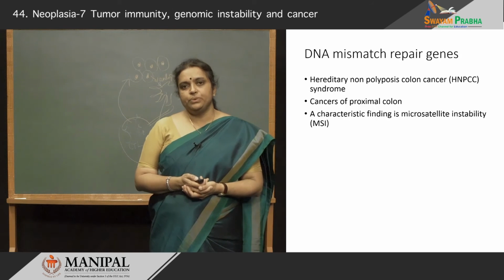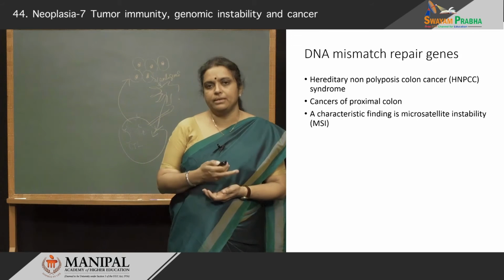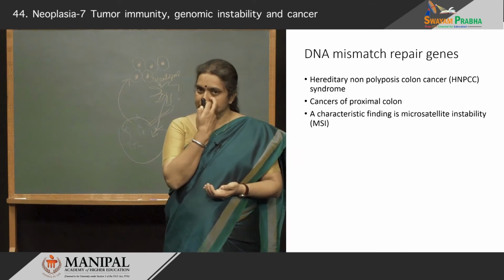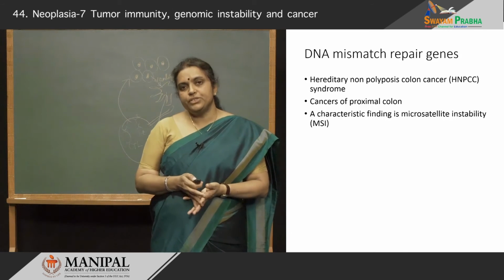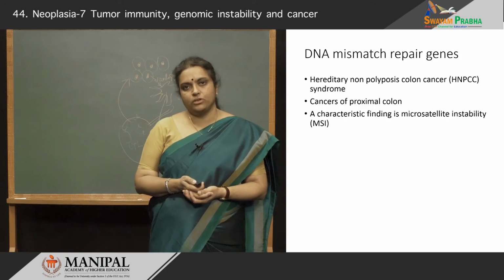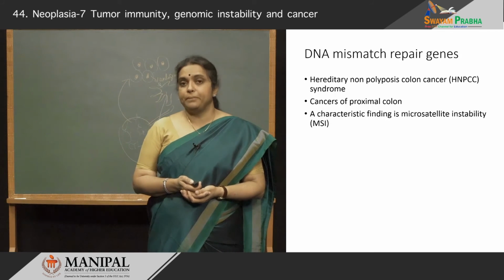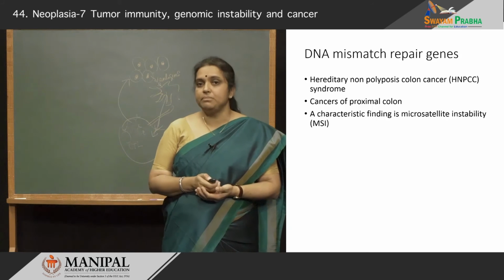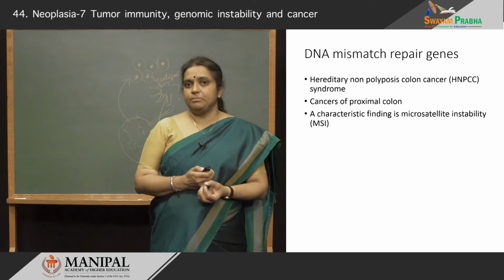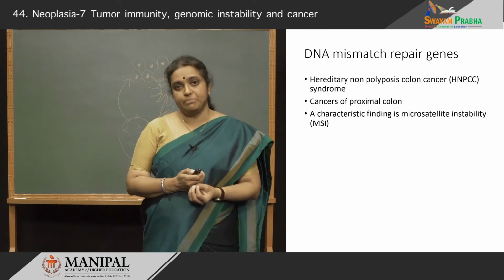There are individuals who develop certain kinds of colonic cancers on the right side of the colon, cancers of the cecum and proximal colon, and these individuals have the syndrome known as hereditary non-polyposis colon cancer, or HNPCC. A characteristic finding in these patients is defective DNA mismatch repair genes, and if you analyze the tumor cells from these patients, there is what is known as microsatellite instability, or MSI.